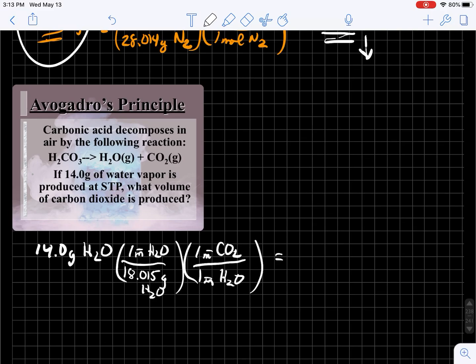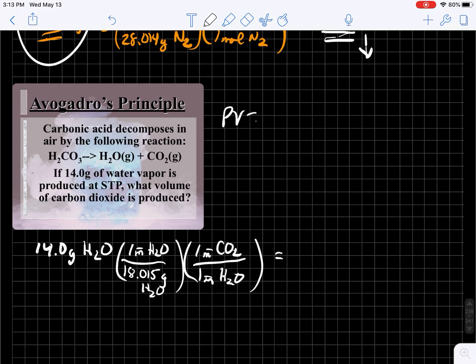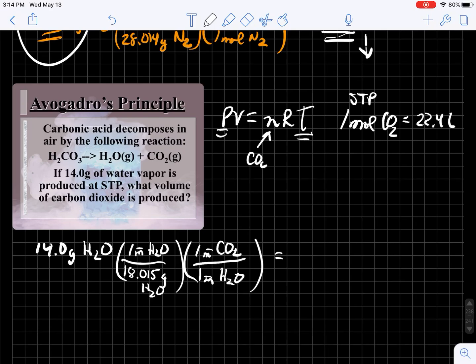Well, a couple of things here. PV equals nRT I could use to get volume. If I know the moles of carbon dioxide, I know at STP what the temperature is, what the pressure is. Another thing I can use at STP, 1 mole of carbon dioxide would occupy 22.4 liters. So I'm going to do this calculation, and I'm going to use the shortcut. 1 mole is 22.4 liters. Again, remember though, with that shortcut, that's only under STP conditions.